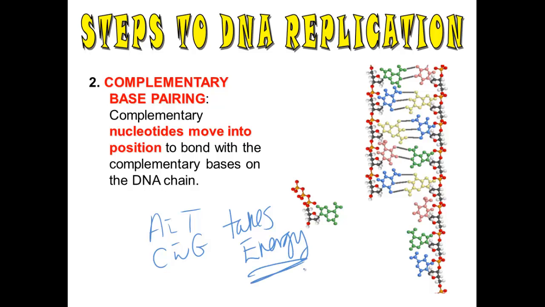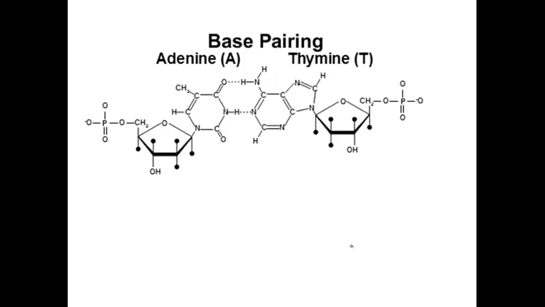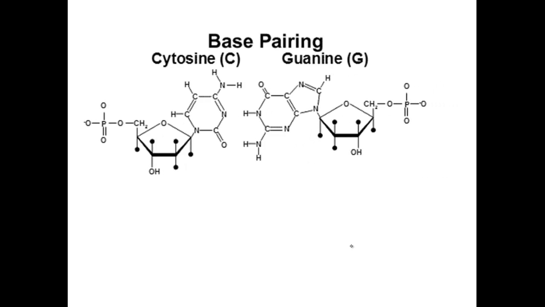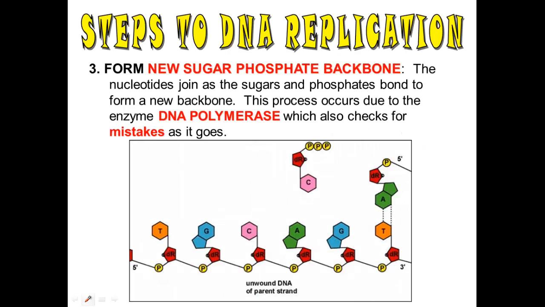That takes a lot of energy, so you use ATP to build the new molecule. So if you had A in the original chain, then a thymine will come and bond to make a complementary base pair. And if you had cytosine in the original strand, guanine will come and bond to make a complementary pair with cytosine.